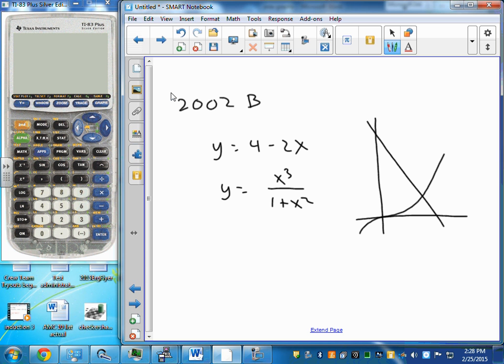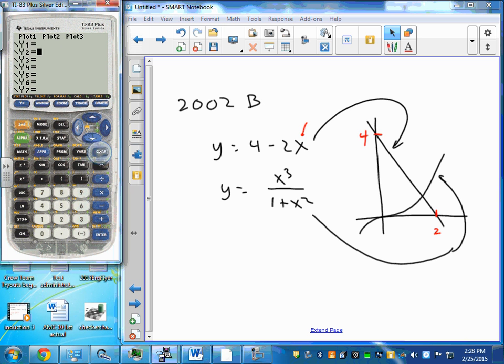This was the line on top, and this is the rational function on the bottom. Now, just knowing a little bit about lines, it's pretty easy to figure out this has got to be 4, right? So if x is 0, y is 4, and if y is 0, x is 2. So we could probably set up our window using those.